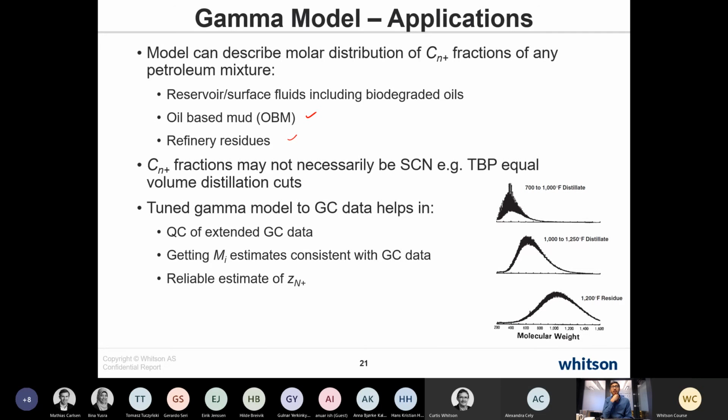In PVTP you can see this gamma distribution model, but they don't tell you everything about how they are using it, because for the gamma distribution model it's not just these three parameters, alpha, eta, and the average molecular weight. You also need to define the lower molecular weight boundary, and I don't know what lower molecular weight boundary they are using for the discretization of the gamma model. Maybe we have to go through the manuals to see how they are implementing that.